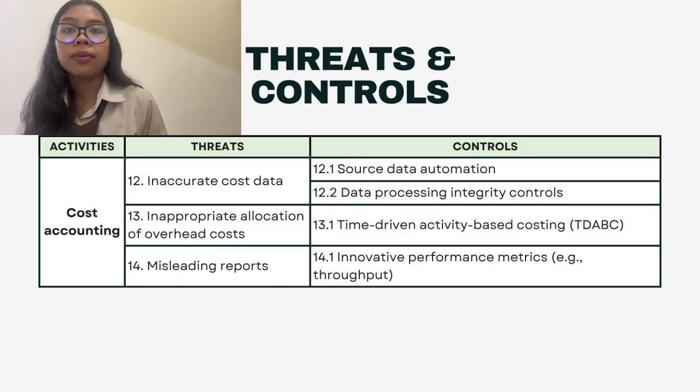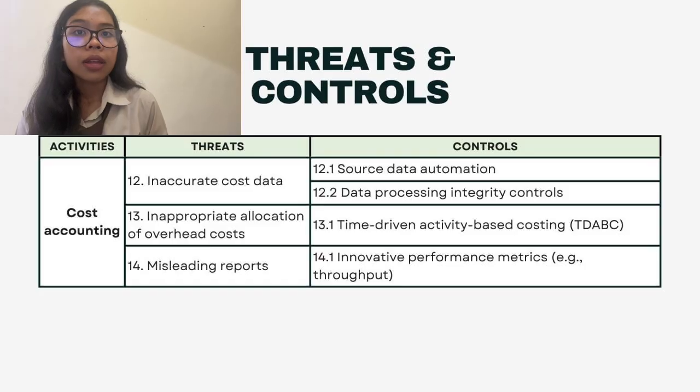For the next threat, inappropriate allocation of overhead costs, the control is time-driven activity-based costing or TDABC. And the last is misleading reports. For the control is innovative performance metrics, e.g. throughput.